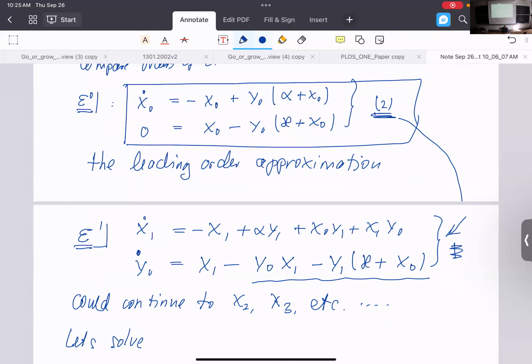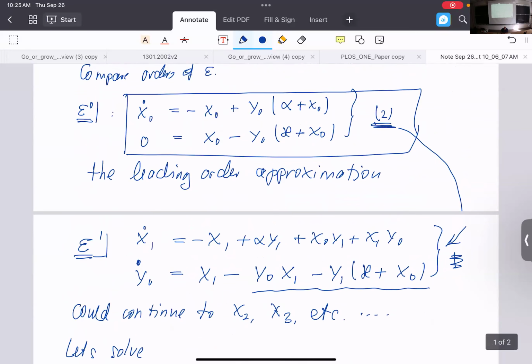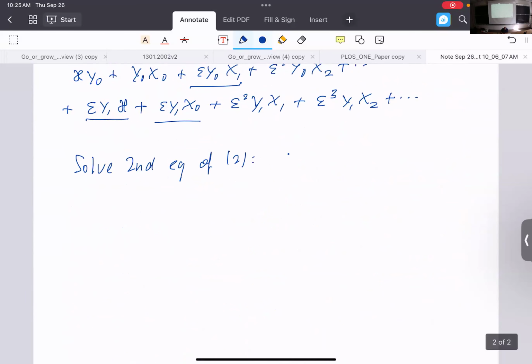Like if you have 4 blackboards, then you can see all the equations together. Okay, so we solve the second equation for y0, right? We can get y0 would be x0 divided by kappa plus x0.